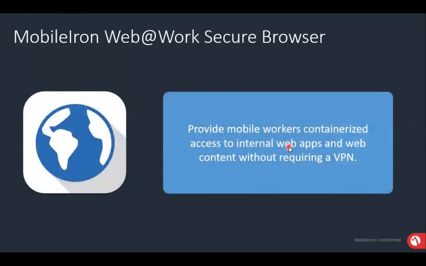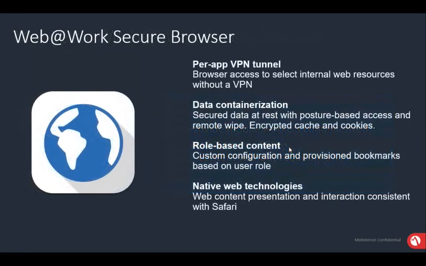Web at Work is a secure browser from MobileIron. It's like Chrome or Safari, but for accessing any web-based application, any backend web-based application, you can use Web at Work to connect securely. The reason is that you have a per-app VPN tunnel.